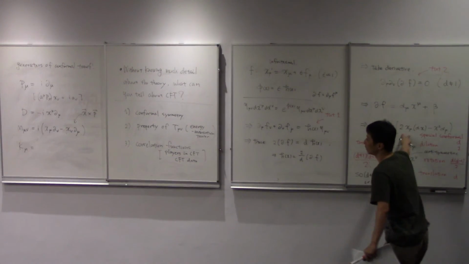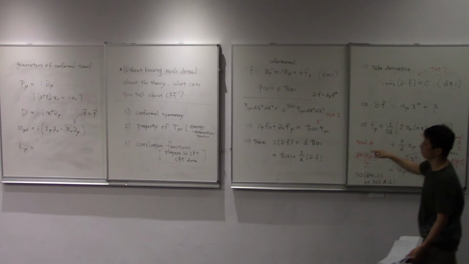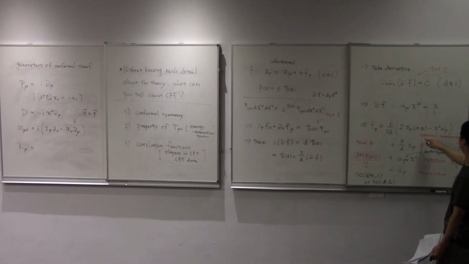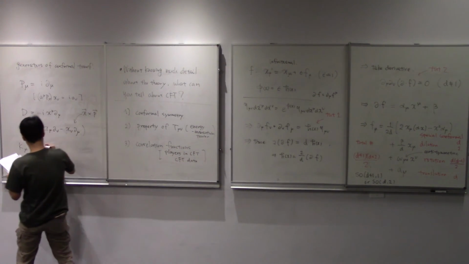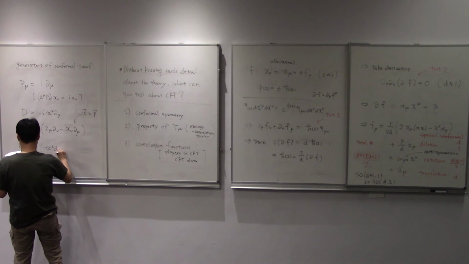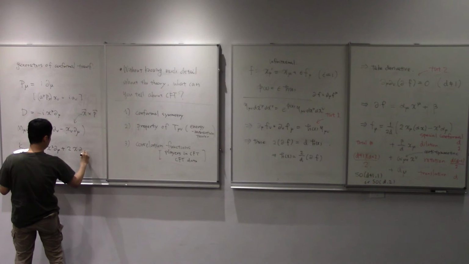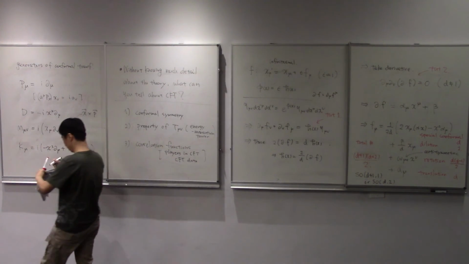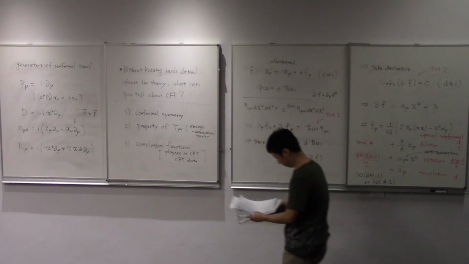As I said, the idea is to replace the parameters. Well, yeah, sorry, you have to put the derivative into this transformation. So this is the form of the special conformal transformation.